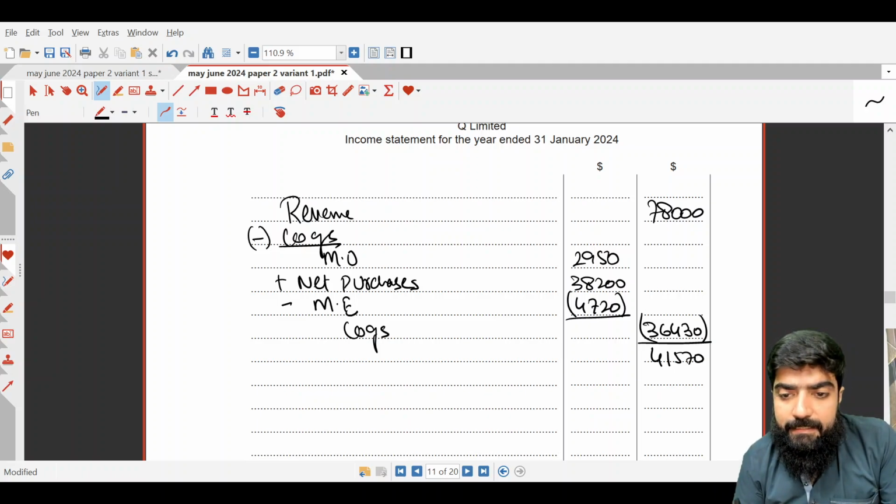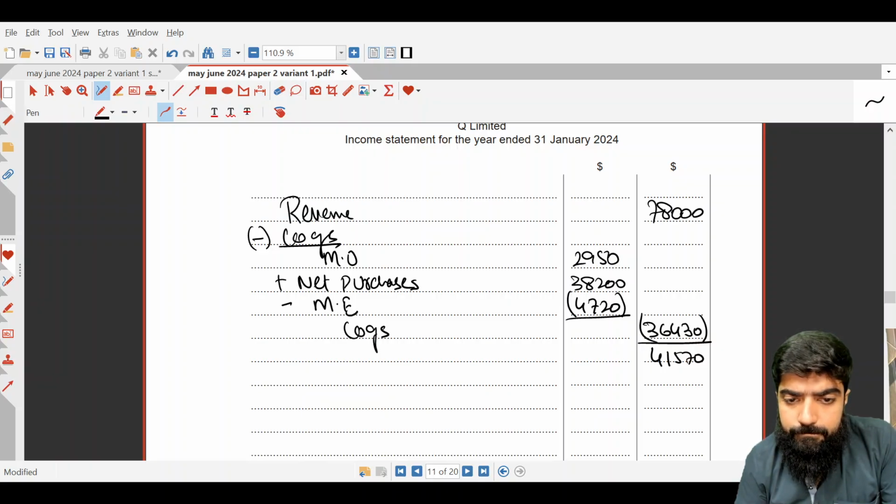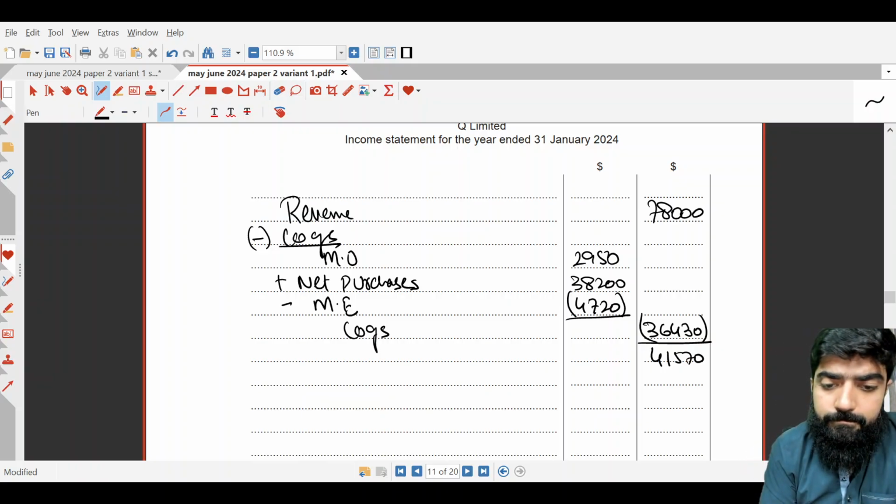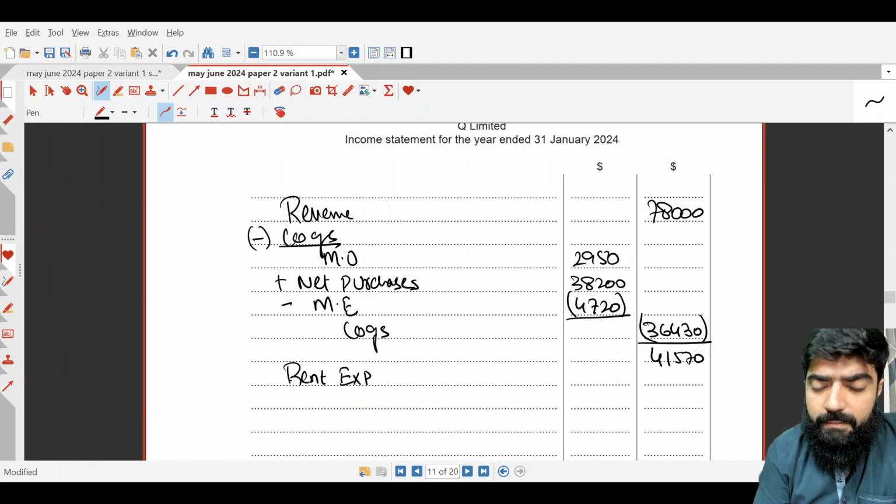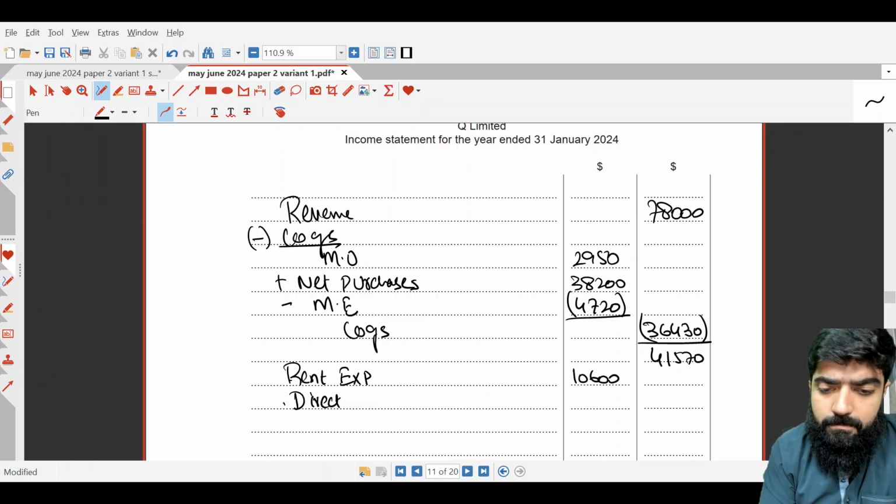Now we have expenses. Can you please let me know the expenses? First, rent and insurance. How much? 10,600. Directors' salaries, 19,000.